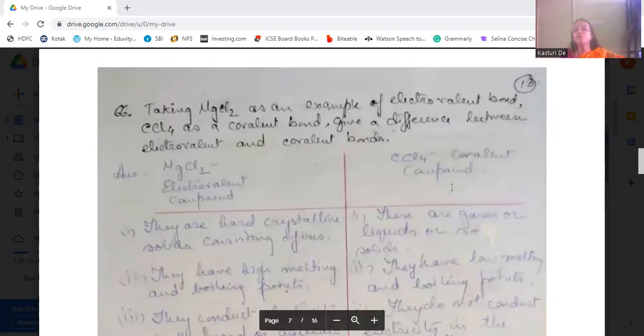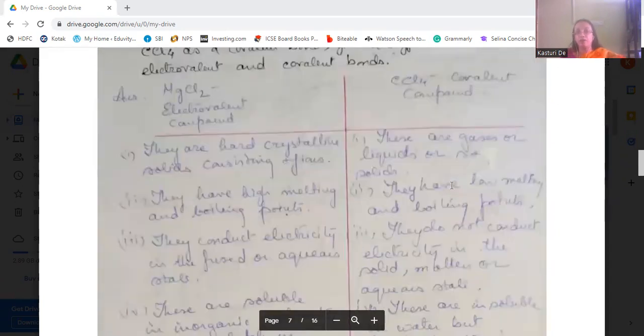Taking MgCl2 as an example of an electrovalent bond and CCl4 as a covalent bond, give a difference between electrovalent and covalent bonds. Now, MgCl2 is an electrovalent compound and CCl4 is a covalent compound.